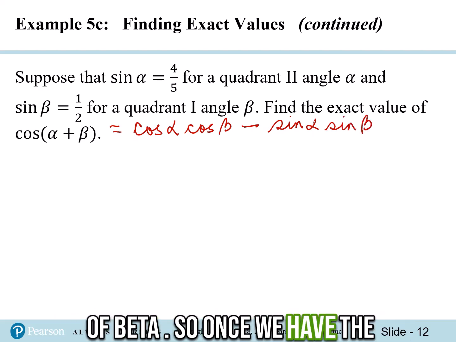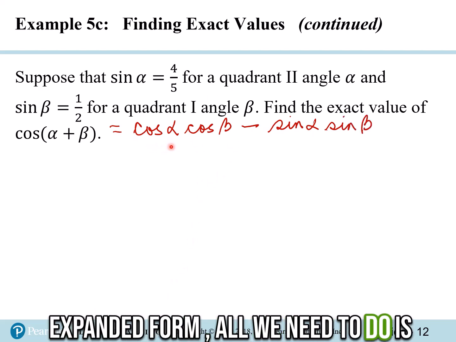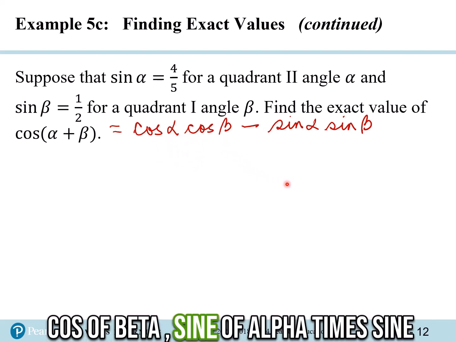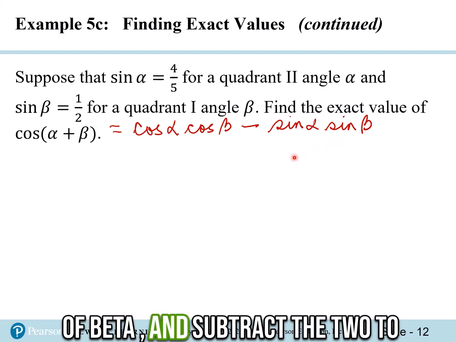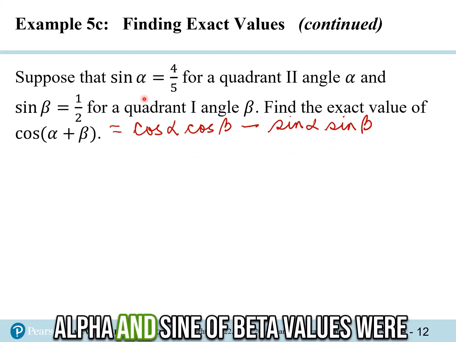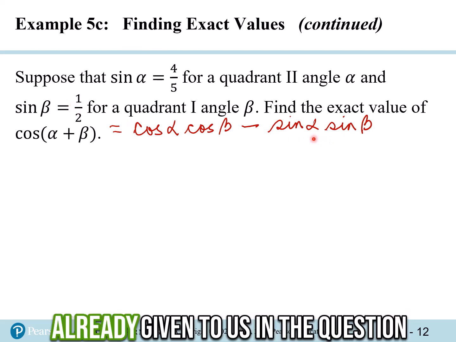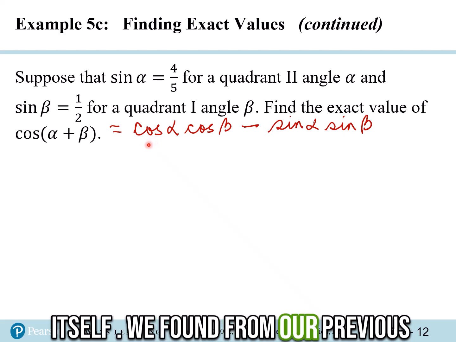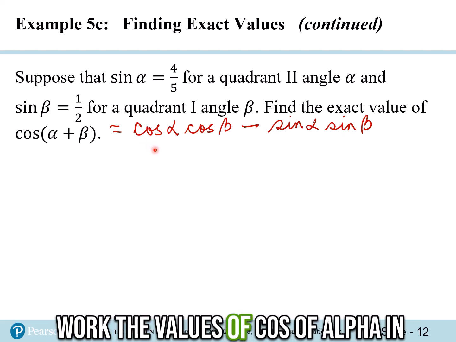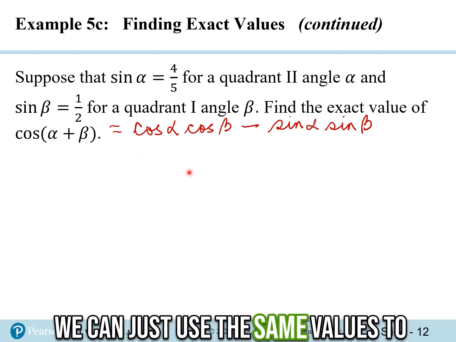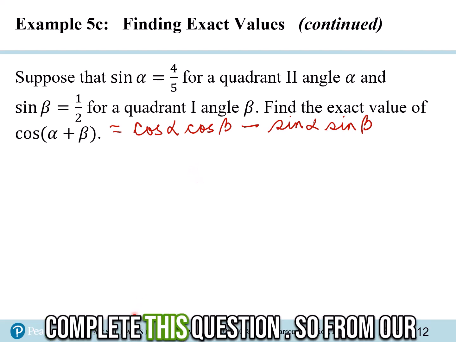So once we have the expanded form, all we need to do is plug in the ratios for cos of alpha, cos of beta, sine of alpha, and sine of beta, and subtract the two to get to the final answer. Now, sine of alpha and sine of beta values were already given to us in the question itself. We found from our previous work the values of cos of alpha in part A and cos of beta in part B. So we can just use the same values to complete this question.